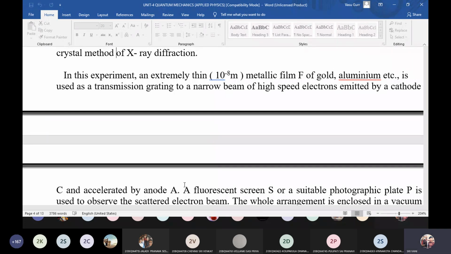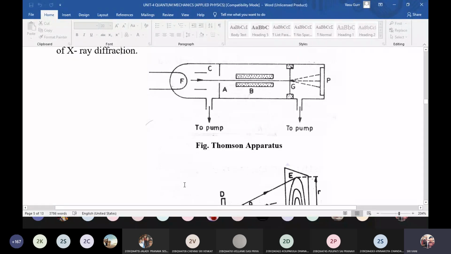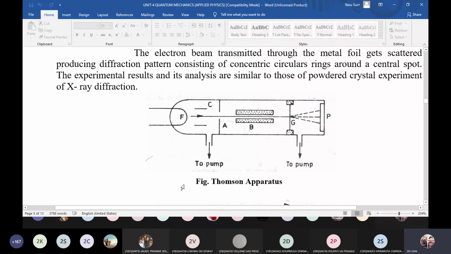Next, in this present experiment, we have C and A. Observe C and A in this experiment. Here at the start, this is F, the filament from which the electrons are emitted, and in the path of the electrons we have C and A. At the top we have C and at the bottom we have A. C means cathode and A means anode.